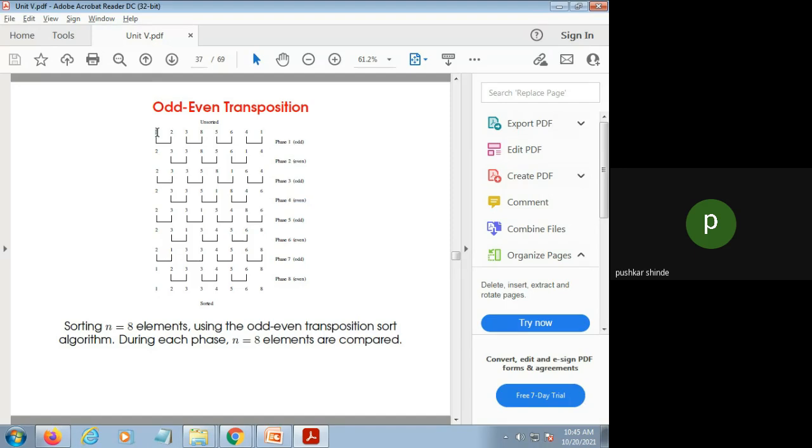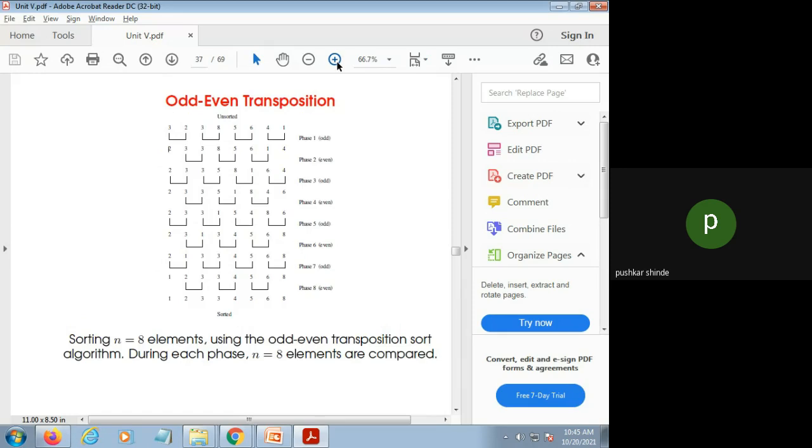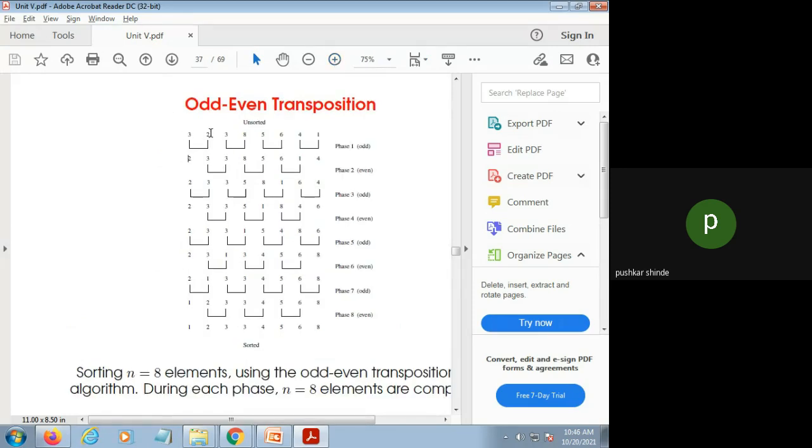So see here, 3 and 2 are compared. 2 is less than 3, so 2 will go to the left, 3 will go to the right. 3 and 8 are compared, 3 is less than 8, so 3 and 8 will remain as they are. 5 and 6 are compared, 5 is less than 6, so 5 and 6 will remain as they are. 4 and 1 are compared, 1 is less than 4, so 1 will go to the left, 4 will go to the right.